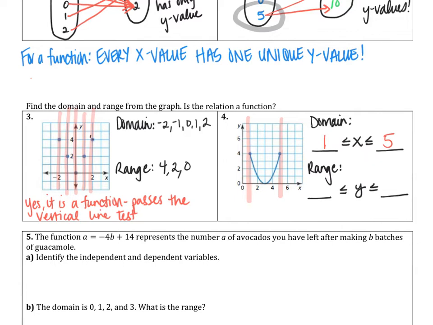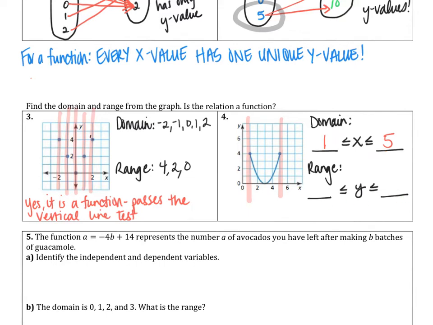And this notation lets me know that it's not just 1, 2, 3, 4, and 5, but every single value in between 1 and 5, including all decimals, everything, all inclusive. So if you see little dots, you're going to list them out. If you see a smooth line or a smooth curve, we're going to use this notation every time.